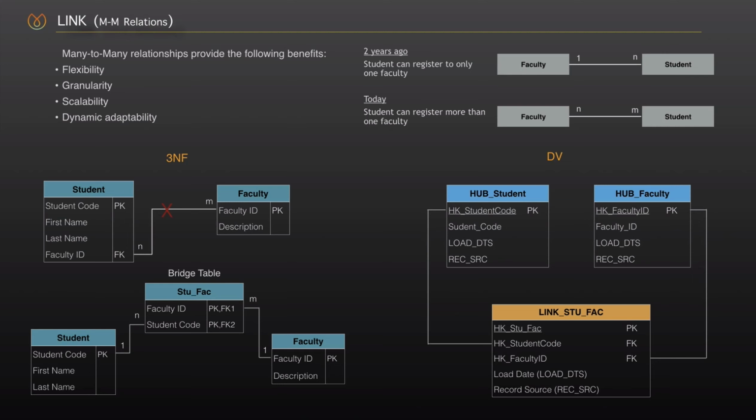But what is the main goal of using many-to-many relationships in link tables and why is it so important? The reason is that data vault targets avoiding re-engineering effort. When business rules or source systems change, for example, if the rule changes from one-to-many to many-to-many, so now a student is able to study in more than one faculty but it was not possible earlier, we need to handle this change in a way that has little or no impact on existing data sets or existing processes.